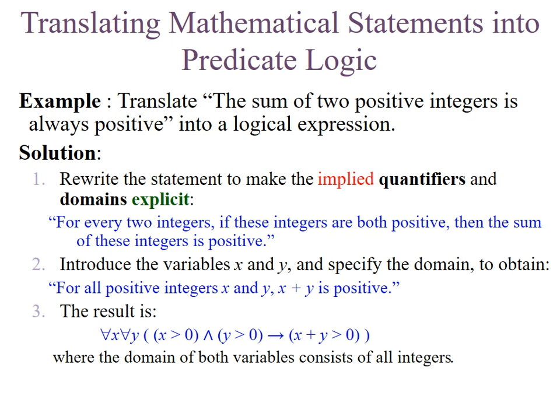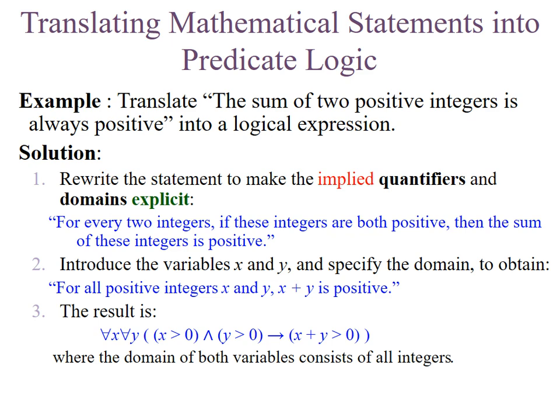You can try to translate such a sentence to nested quantifiers. Okay, so let's see this example. The sum of two positive integers is always positive.